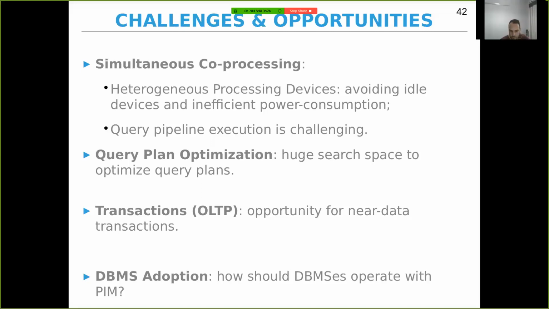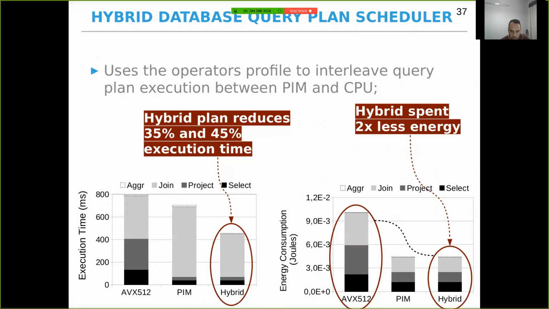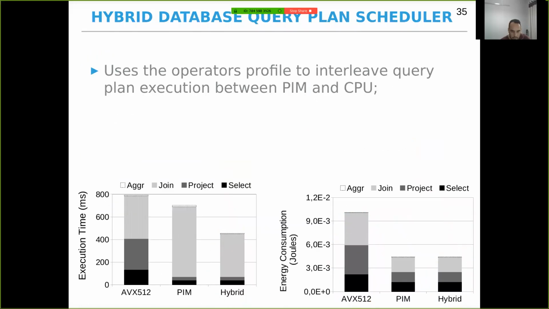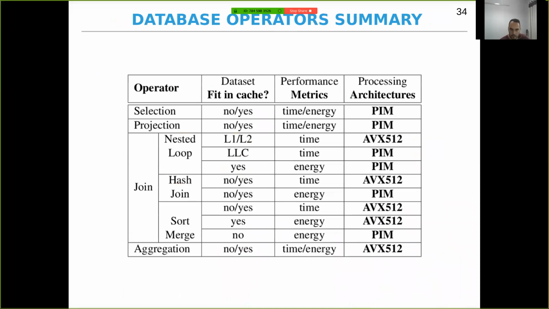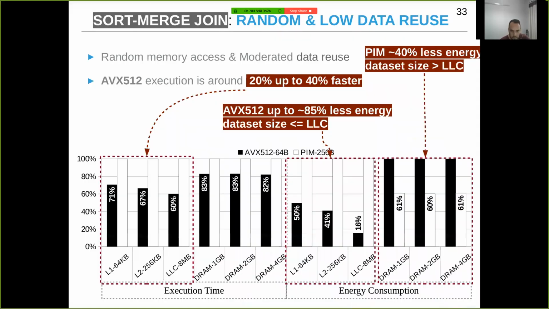We have some experiments with hash join and sort-merge join to see that. These experiments show that some points are good for PIM, especially if you consider energy saving. But for execution time, the CPU processing for this range of application is still better.